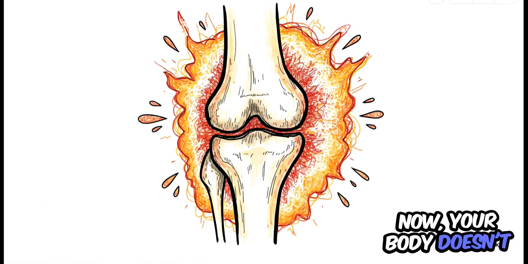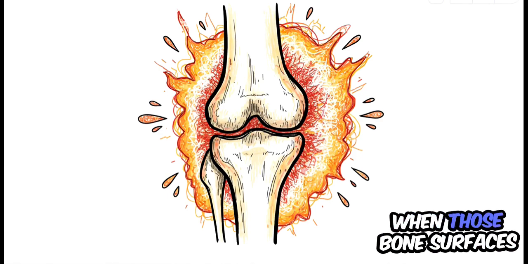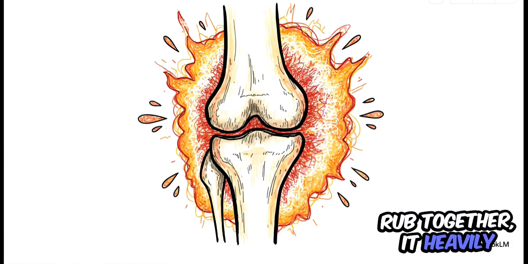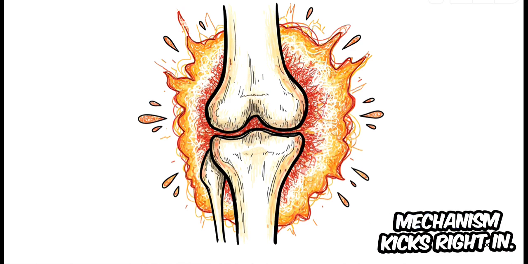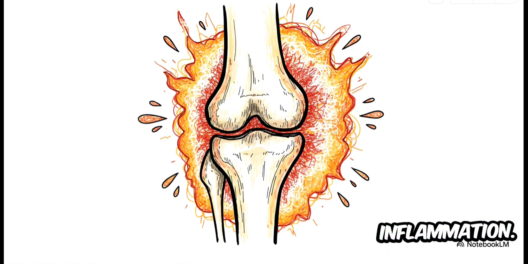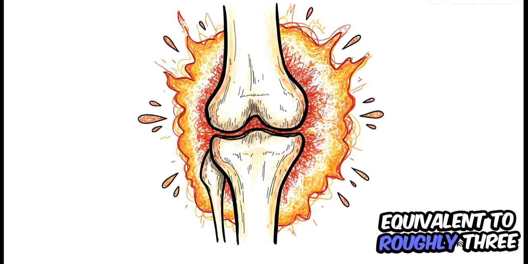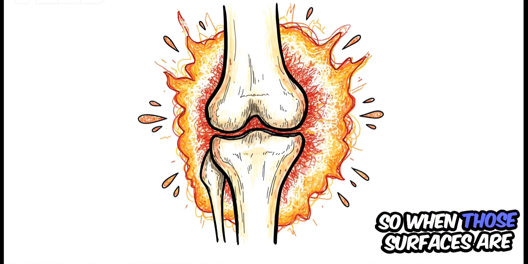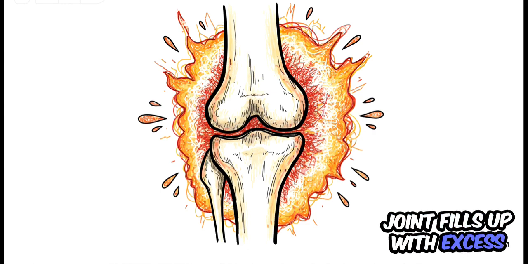Now, your body doesn't just ignore that grinding friction, it reacts to it. When those bone surfaces rub together, it heavily irritates the surrounding tissues, and your body's natural defense mechanism kicks right in: inflammation. Fun fact for you: when you walk, your knees take a force equivalent to roughly 3 times your body weight. So when those surfaces are bone on bone with all that immense pressure, the joint fills up with excess fluid.